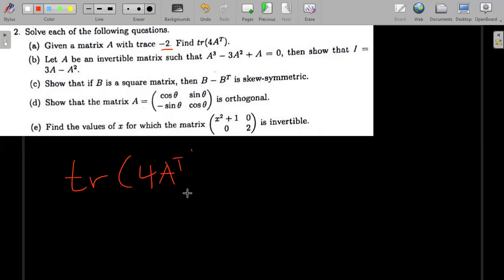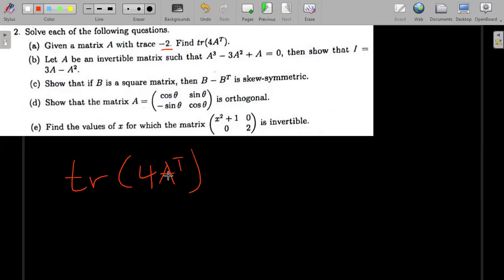multiplied by A transpose. All right, so here you have to know a certain property. What you need to know here is that the trace of a matrix A is the same as the trace of the transpose of A. So if you get the transpose of a certain matrix, the trace does not change. Why?